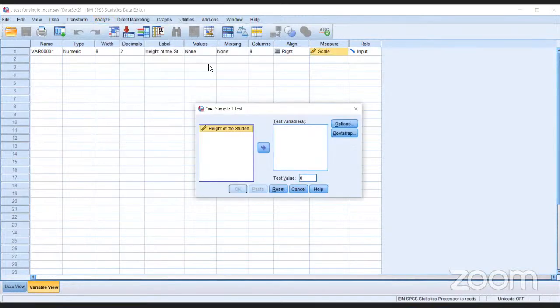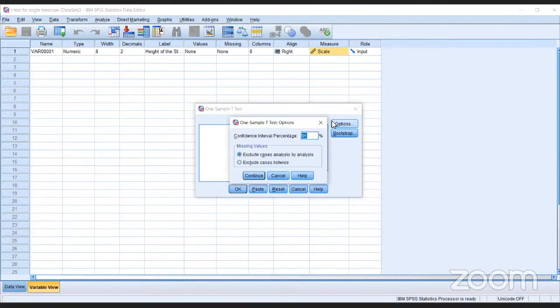If I select it, this comes up, and we need to move this variable to the Test Variable box. What is in Options? By default it is 95% confidence. Missing values: exclude cases analysis by analysis.